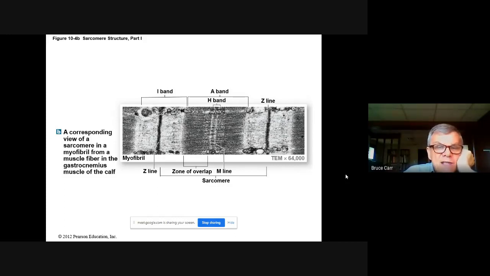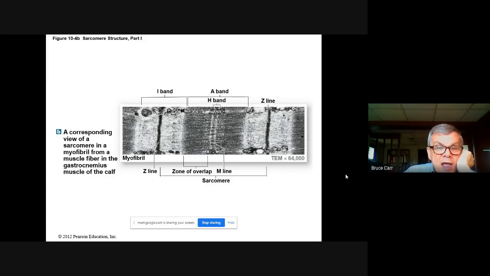That middle dense area called the A band is where the thick fibers or myosin fibers are concentrated. They are bonded together in that M line, but they extend toward the Z line but do not reach it.